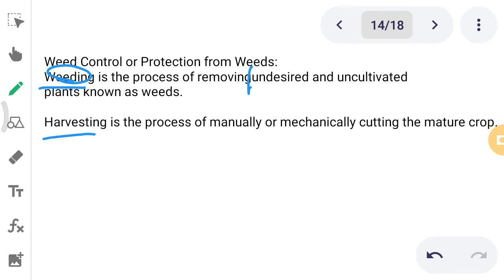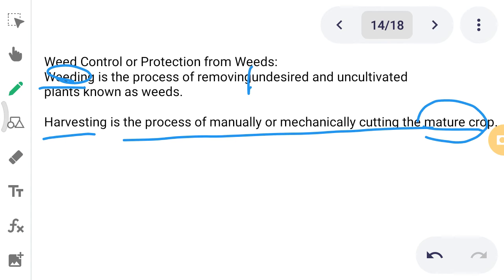Harvesting. This is the process of manually or mechanically cutting the matured crop. After the crop is completed and completely matured, we need to cut the crop.